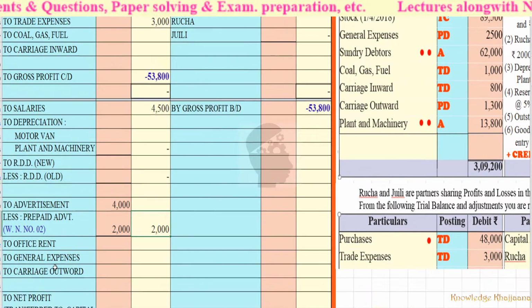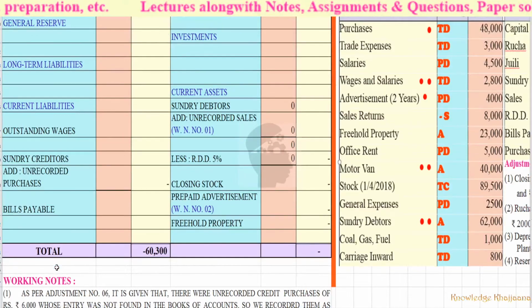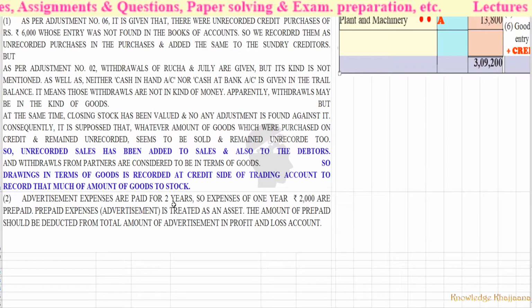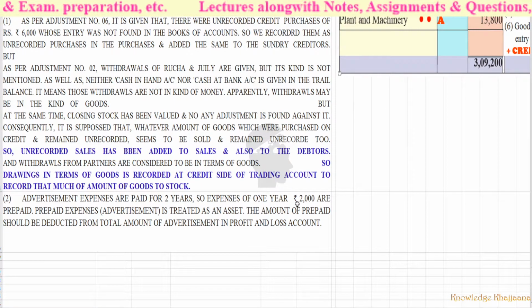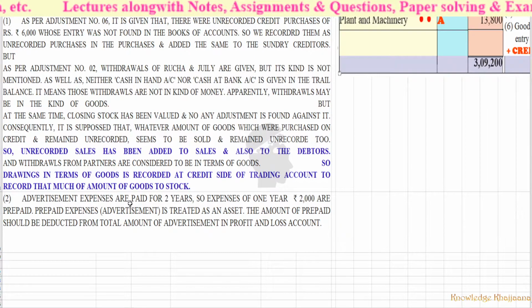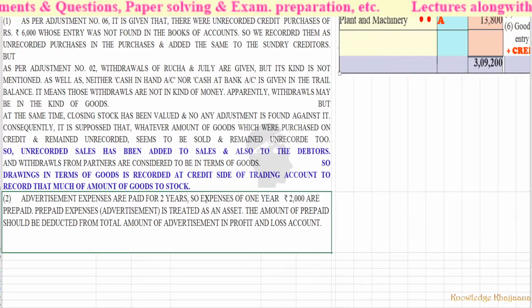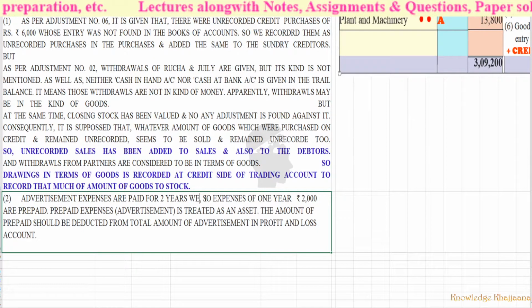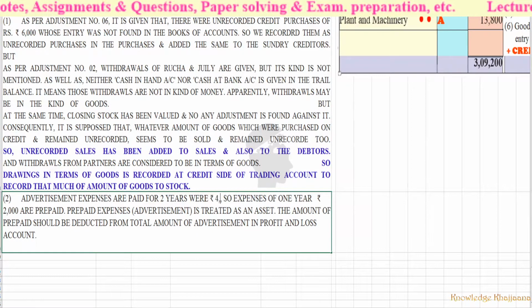Let's note working note number 2. Advertisement expenses are paid for 2 years, rupees 4,000.